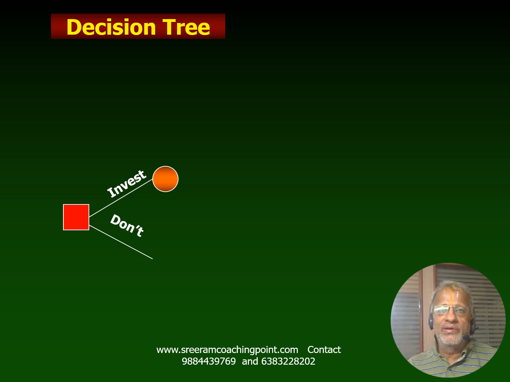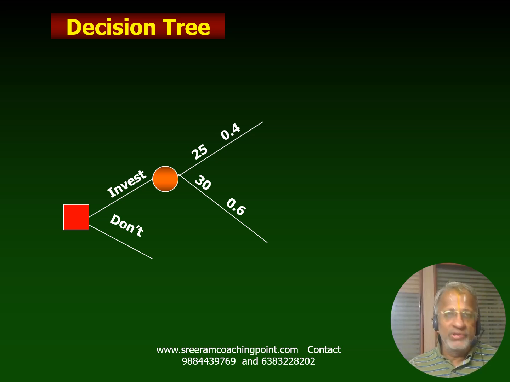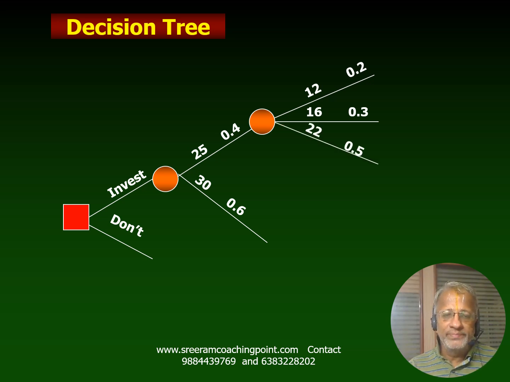As you run through it, you find at the end of the decision taken, in year number 1 you will have either 25,000 or 30,000 with the probabilities of 0.4 and 0.6. With year number 1 possibilities of 0.4 and 0.6 for 25,000 and 30,000 respectively, followed in year number 2 it is going to be either 12,000 or 16,000 or 22,000, with the respective probabilities given.